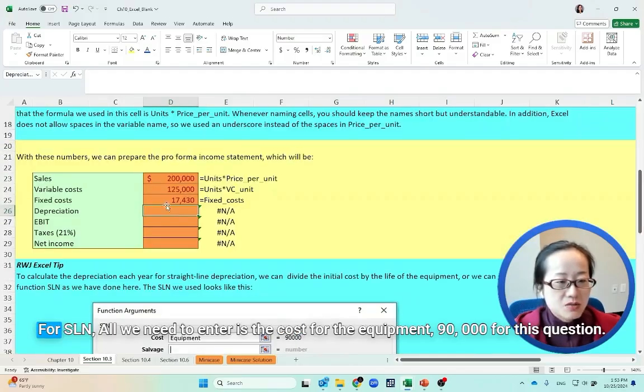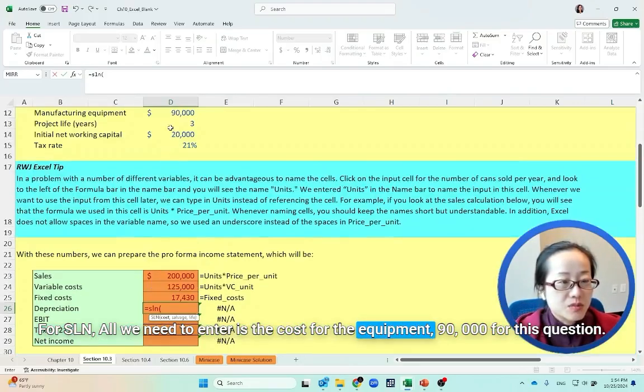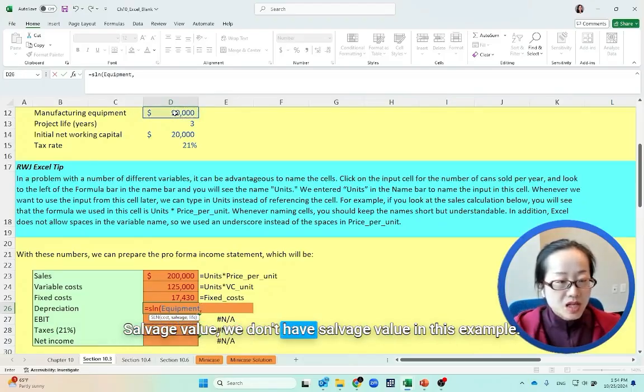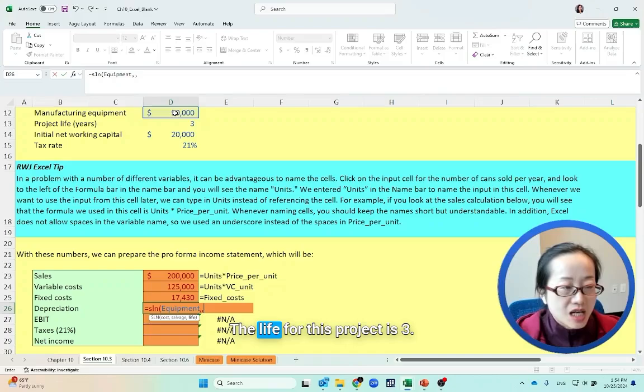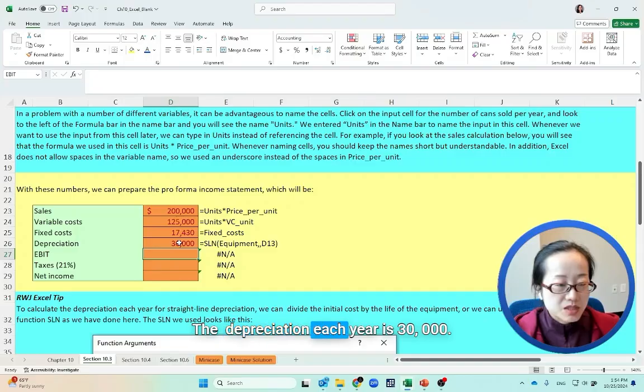It's called SLN. For SLN, all we need to enter is the cost of the equipment, 90,000 for this question. Salvage value, we don't have salvage value in this example, so we leave it blank. The life for this project is 3. The depreciation each year is 30,000.